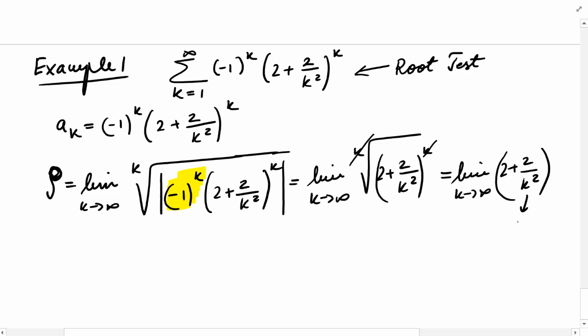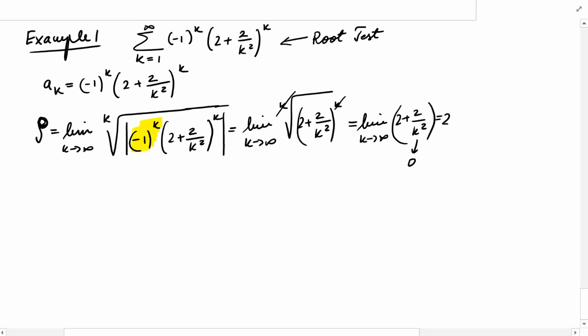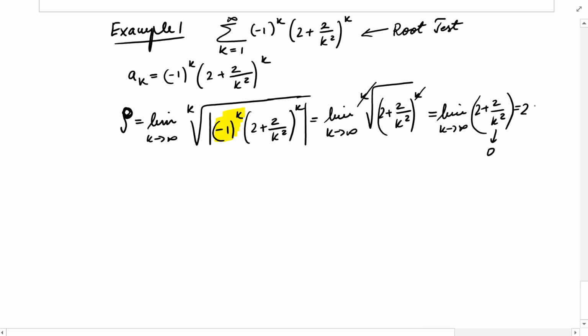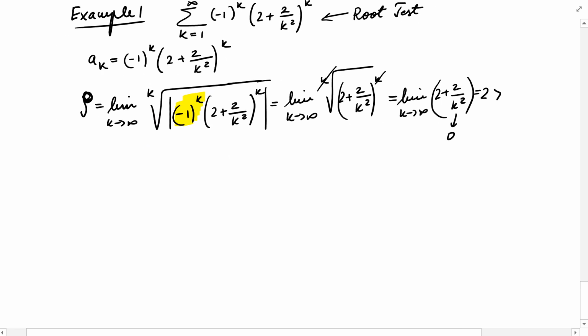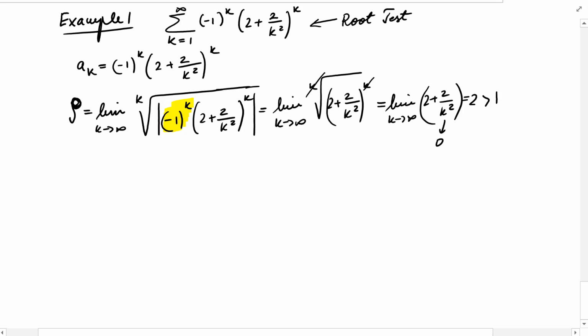This term is approaching 0, so it is equal to 2. Because 2 is greater than 1, our series diverges by the root test. So let's write it down to be really clear which test we used.